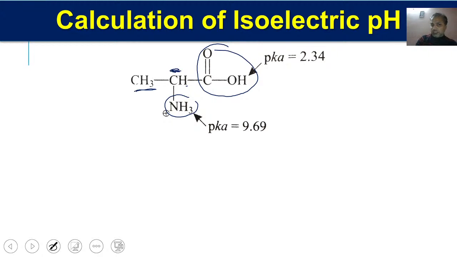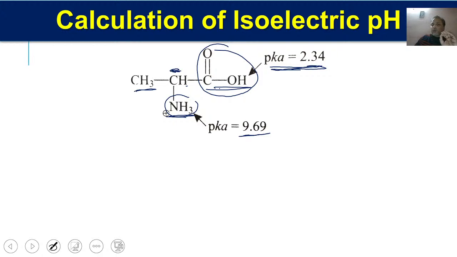This group is also going to ionize at a specific pH. The pKa, that is the dissociation constant, of one group is 2.3. The dissociation constant of this basic alkaline group is 9.69. It means we have two groups and both groups have a dissociation constant.